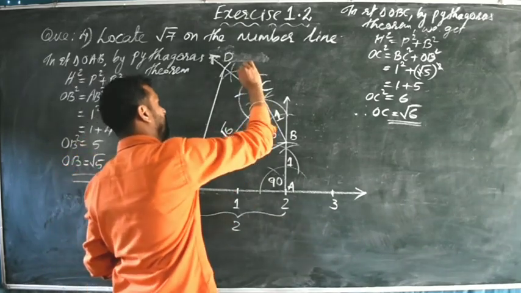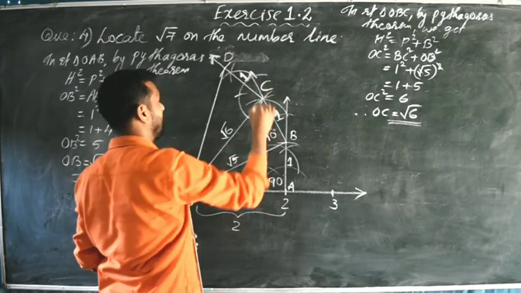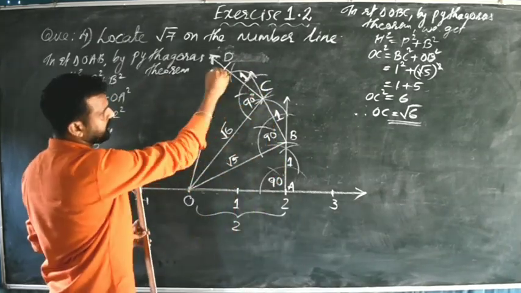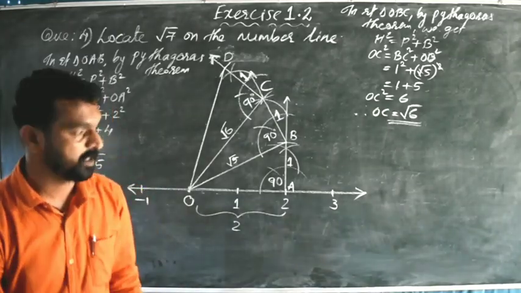Here, this one we mark 1 unit, that you have to mark it here, 1 unit. And this one we made it 90 degree. So OCD is also a right angled triangle.